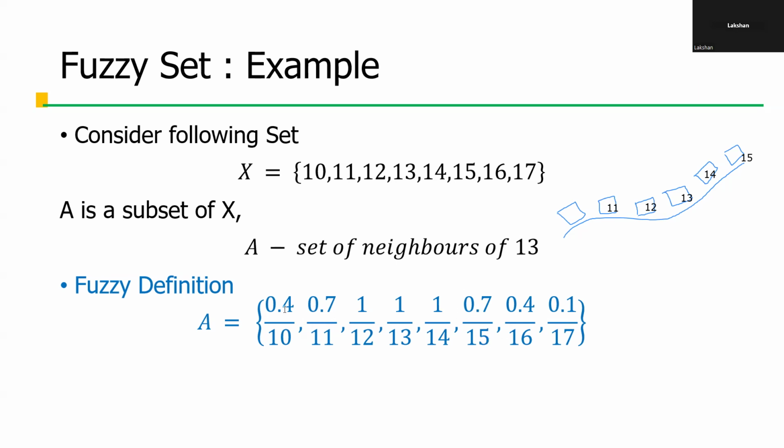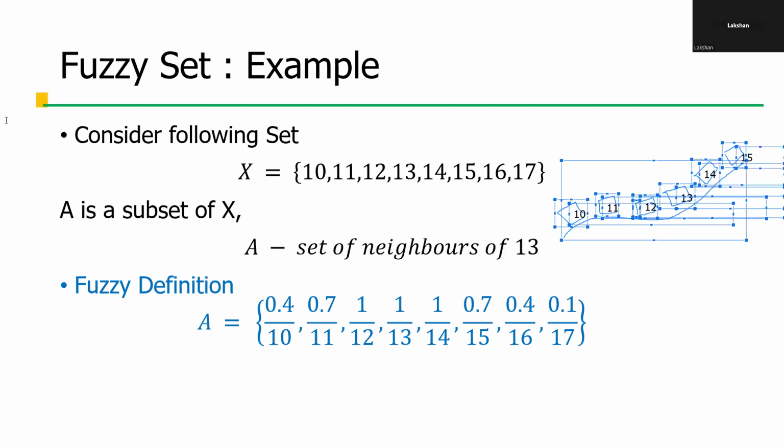Then we have a membership value of 0.4 for 10 as well, because although 10 is here, it is just 2 blocks away. And even 17, a few houses away, we have given them 0.1. So likewise, we can have a fuzzy definition of A with this kind of set.